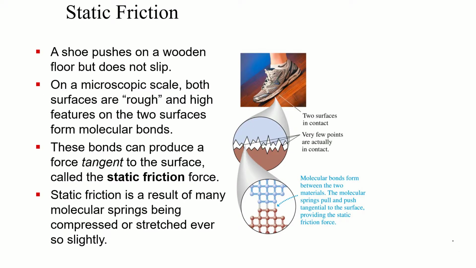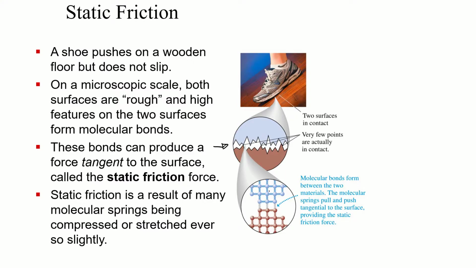So how can we model these? Well, the first thing we have to think about is what is the cause? And we're going to start looking at static friction. Essentially, when you have something in contact with a surface, the surfaces are generally not perfectly smooth, so there's going to be some contact points that are very strong, some further away.